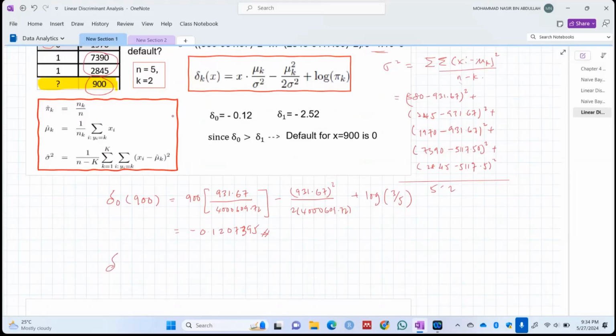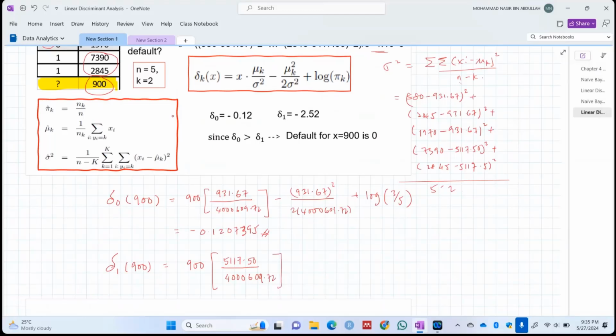The second part is when class equal to 1. The same steps: 900 multiplied by the mean of the second class, 5117.50, divided by 400,609.72.